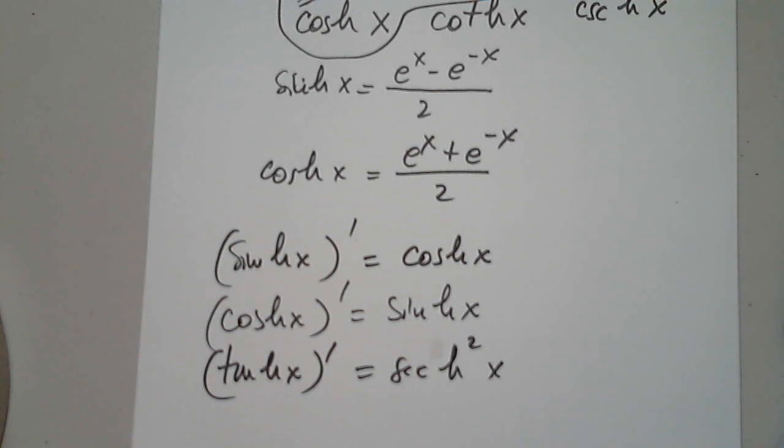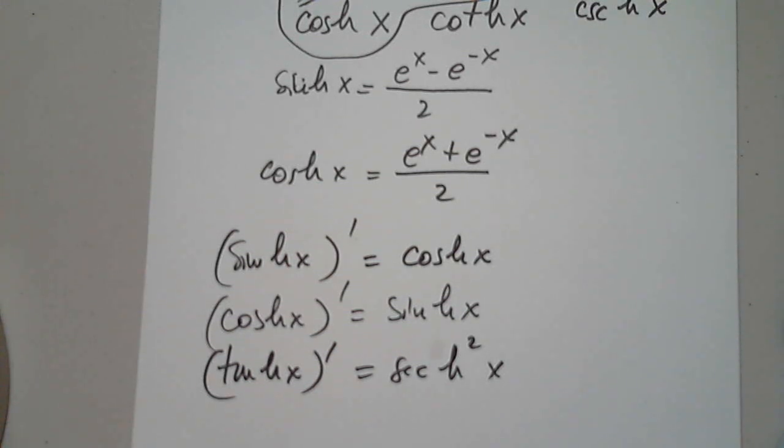So problems 35 through 53. We only choose hyperbolic sine, hyperbolic tangent, hyperbolic cosine. I don't need secant or cotangent, I only need the basic ones, the first three. Not the inverse functions, I don't even need those.